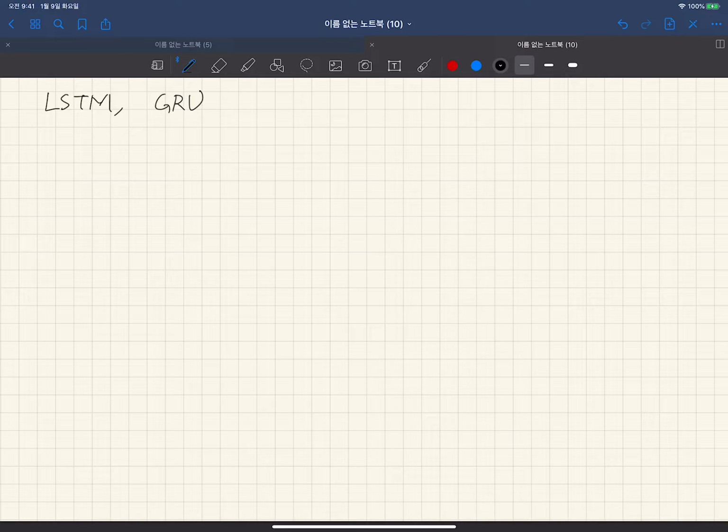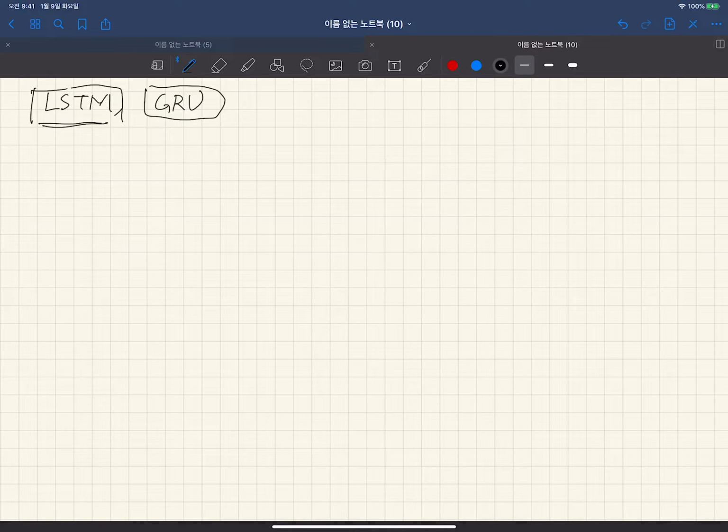Both approaches utilize the gate idea, and I will explain the gate idea using LSTM. If you are interested in GRU, I strongly recommend surveying GRU as well. But if you understand LSTM correctly, then GRU is very easy.